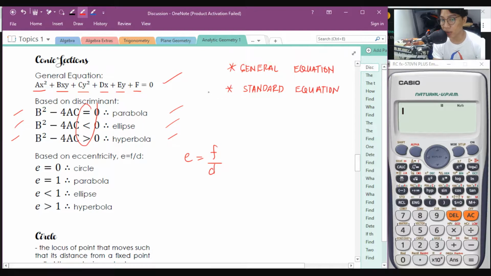Pero sa standard equation, it is much better for you to identify kung ano yung specific na conic section pag standard equation yan. Unlike dito sa general equation, maaring maging confusing siya to determine kung ano ba yung type ng section.